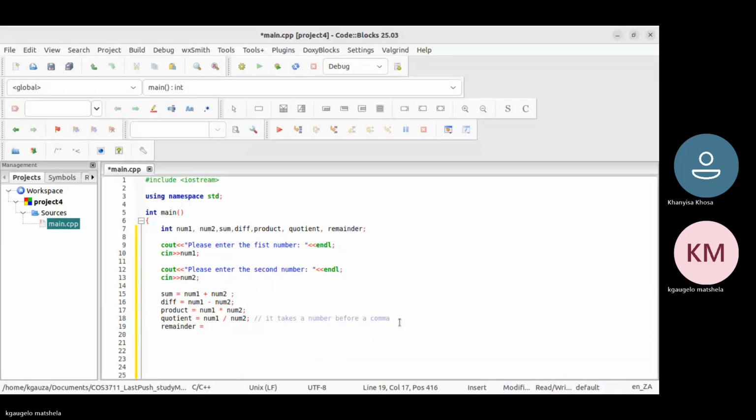You know why? Because 5 only goes once into 7. Then the only number that remains there is 2. So that 2 that remains is the remainder, right?